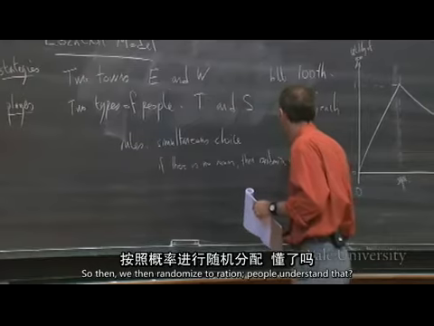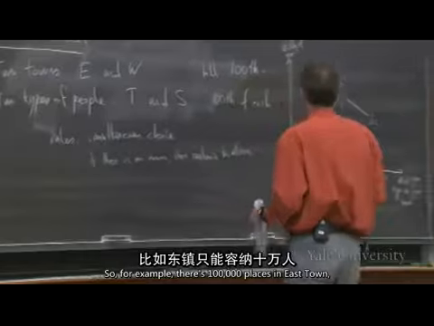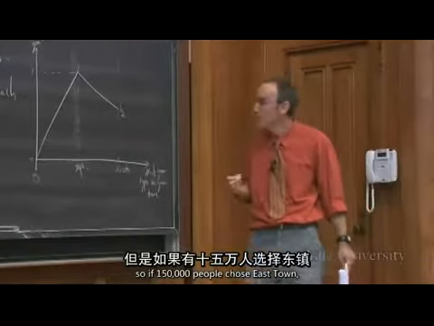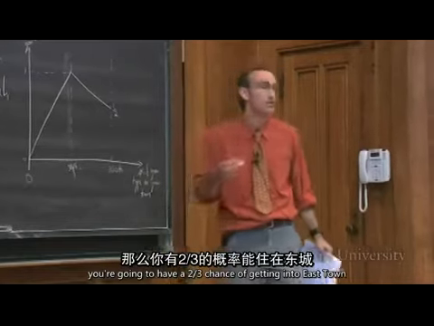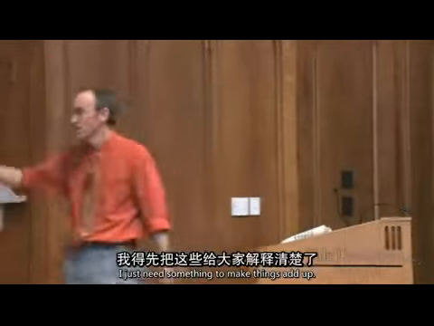So, for example, there are 100,000 places in East Town. If 150,000 people chose East Town, you're going to have a 2/3 chance of getting into East Town, and the rest of you will be allocated to West Town. Does that make sense? I just need something to make things add up.